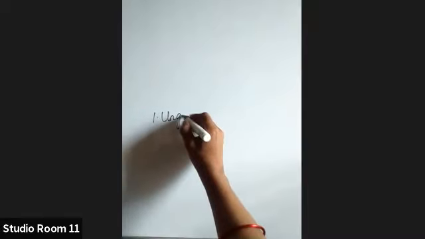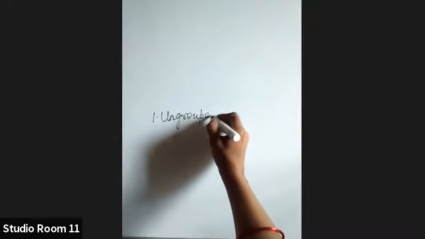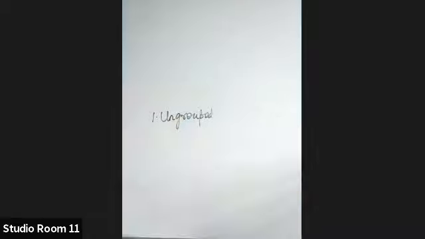Okay. Write the heading. Mean deviation. Anyhow, let's recall the formula. I don't know whether we wrote this formula. Mean deviation means how much it is deviated from the mean.